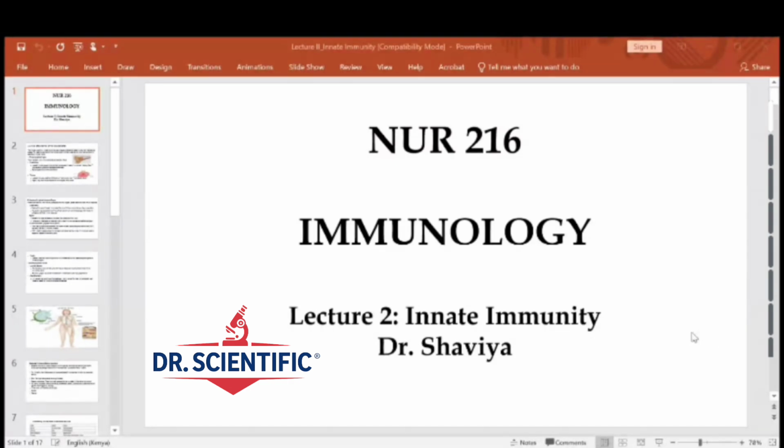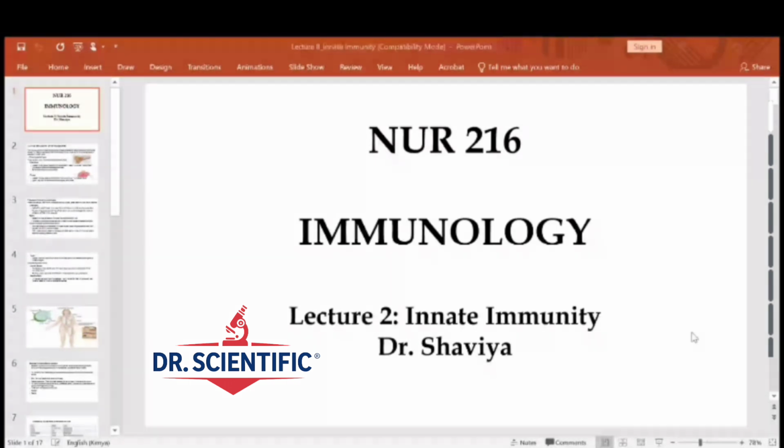Somebody said, okay, so these are the defense mechanisms that are there at birth that help an individual overcome any invasion, as when an infectious agent tries to enter the body and causes an immune response. So the initial immune response that takes place would be what we are calling the innate immunity.